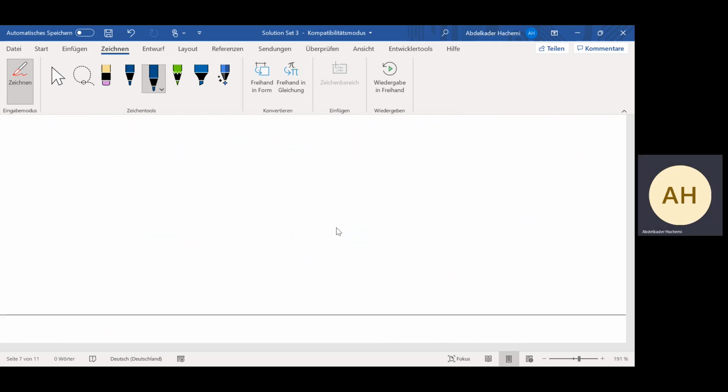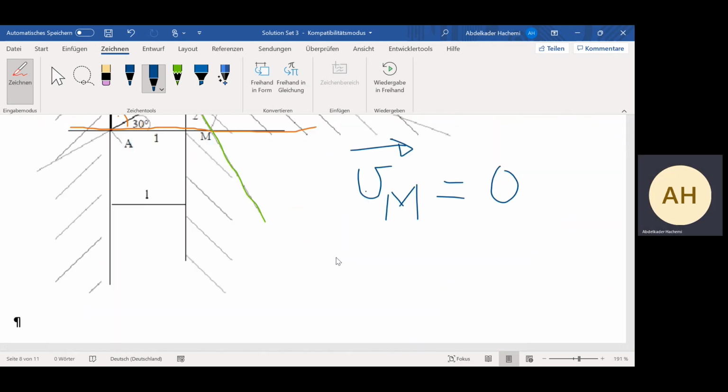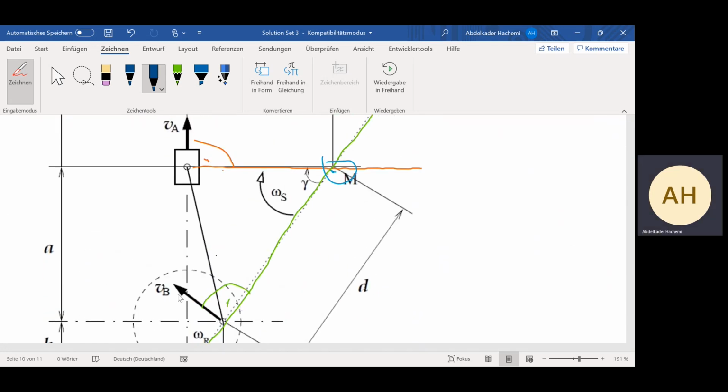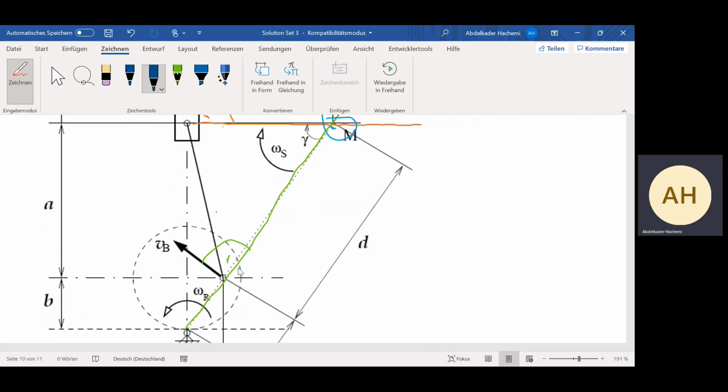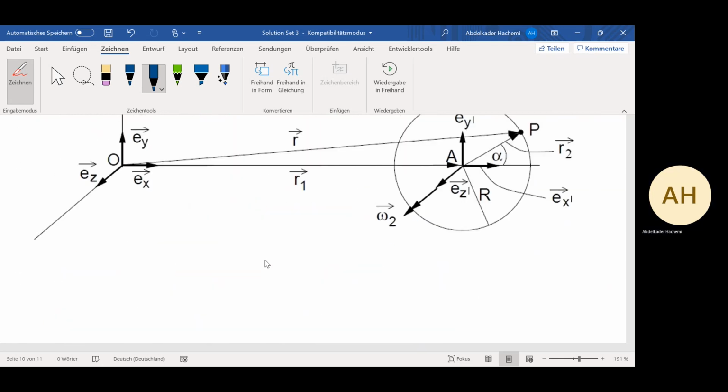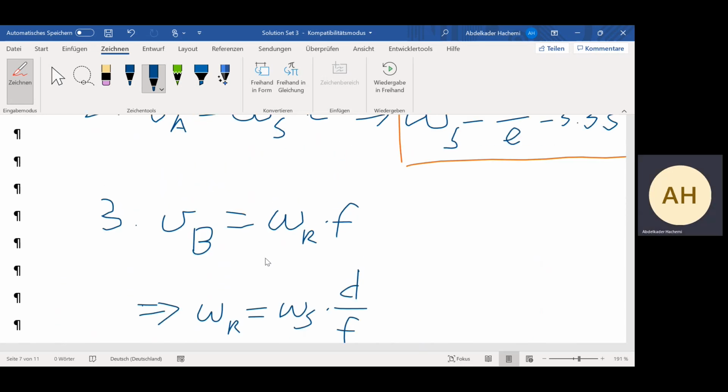Why? Because here also we can get it: if we take VB, it's also Vm, which is 0, plus omega s multiplied by the distance d. This point belongs to a rod and also to the gear. Then here I can write also it's omega s multiplied by d.